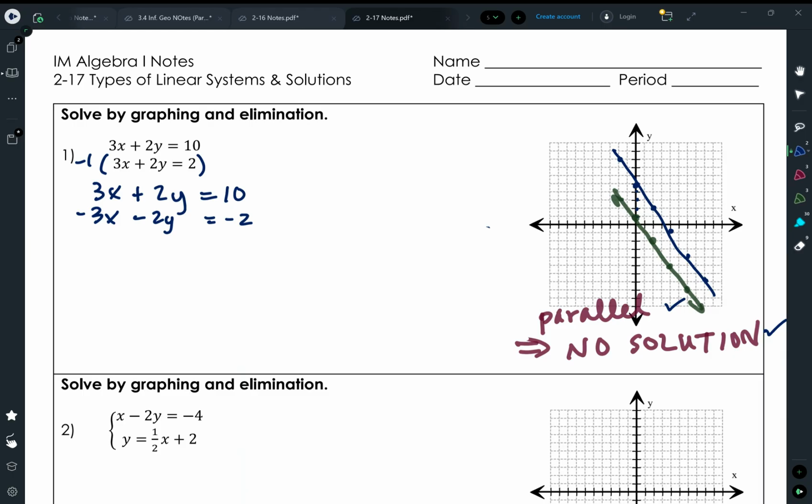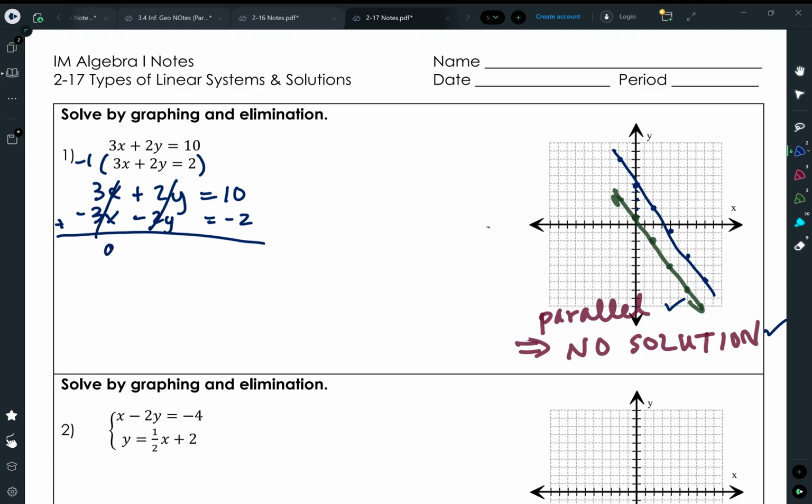So what I've done here is I have multiplied all the way through by a negative 1. And so when I add together, my x's are eliminated. That becomes a 0.